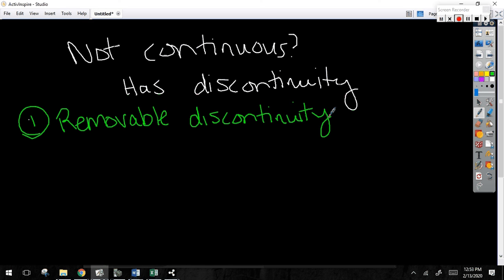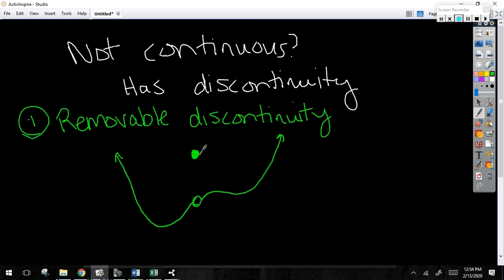So what happens is I am chugging right along on this graph, and all of a sudden I hit this hole in the graph. And then it continues on to do its thing. And then where this hole is, there's a solid dot up here. That is a removable discontinuity.